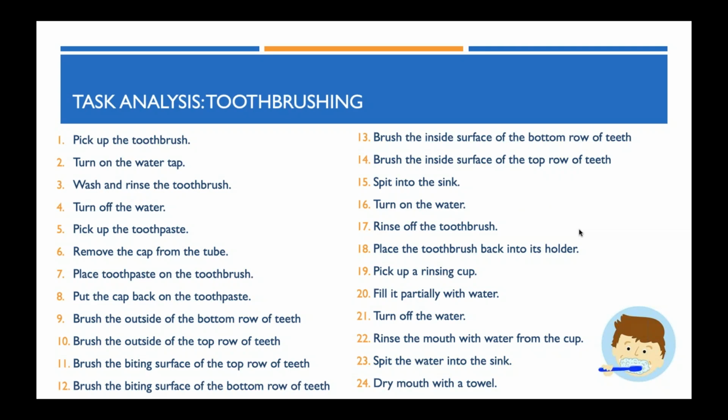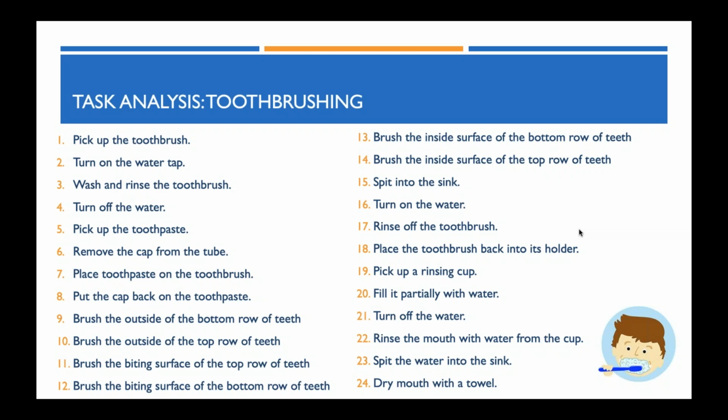Another example is the task analysis for toothbrushing. As you can see, there are a lot of steps involved, so this could take a long time for some of our learners to master each step. Sometimes what happens is that when you're doing the whole chain, they will pick up some steps.